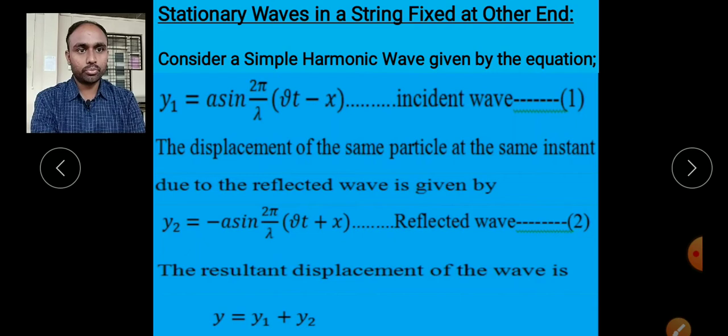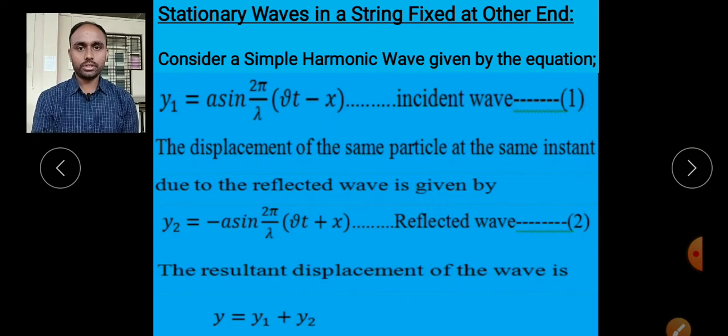Consider a simple harmonic wave given by the equation, y is equal to a sin 2 pi by lambda (Vt minus x), as shown on the screen. As in the previous video, one is the incident wave and one is the reflected wave, because a stationary wave is the superposition of two waves traveling in opposite directions having the same frequency and amplitude.